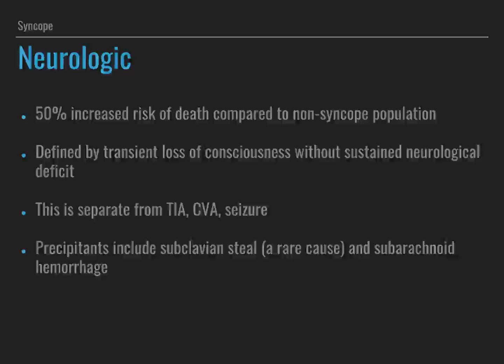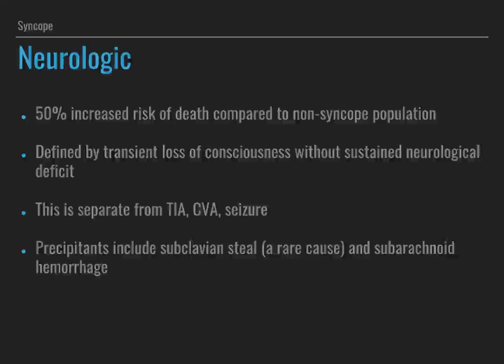But if you've got somebody coming in that either had a great prodrome for one of these other causes of syncope, or really doesn't have any of those stereotypical movements, then you're probably more in the syncope category.